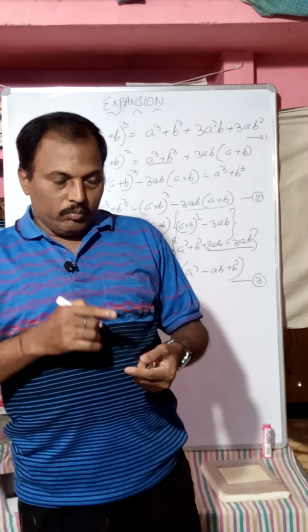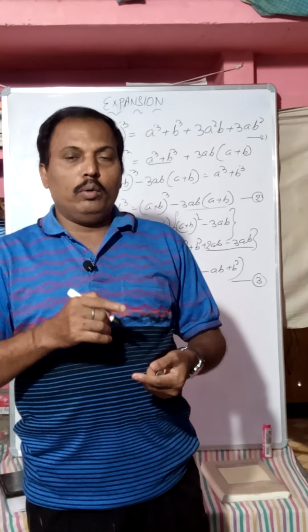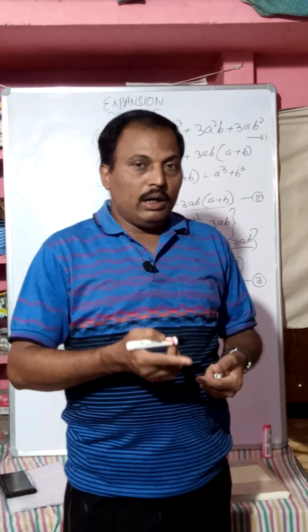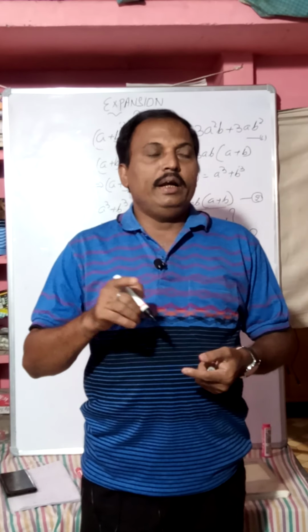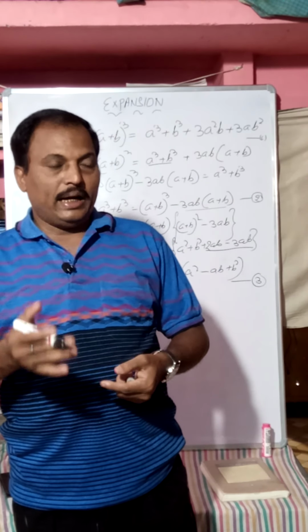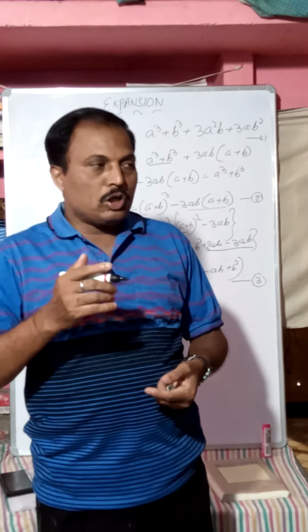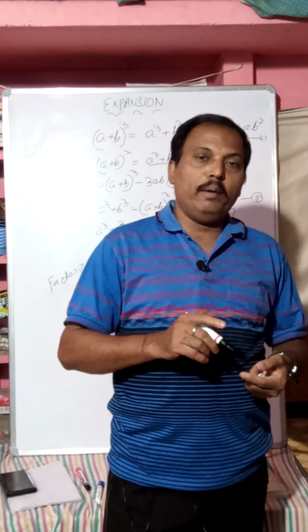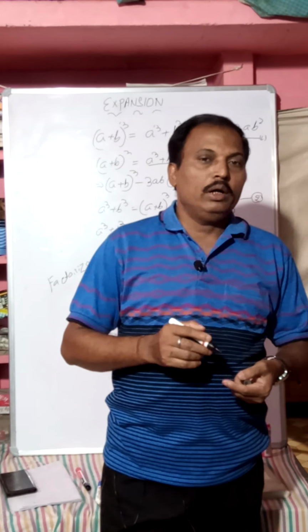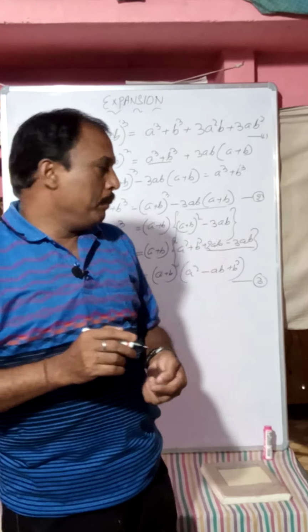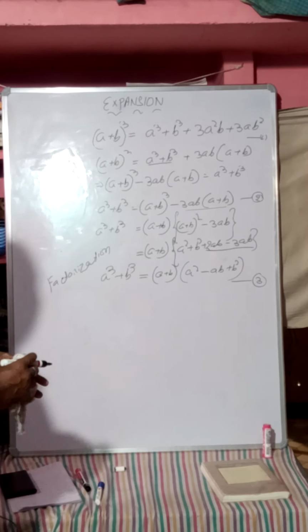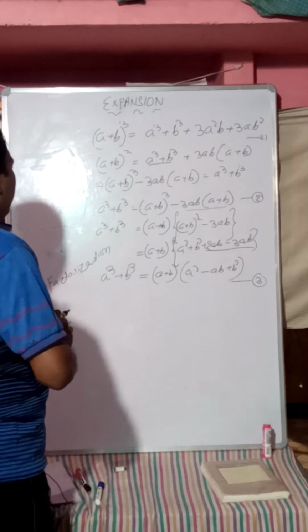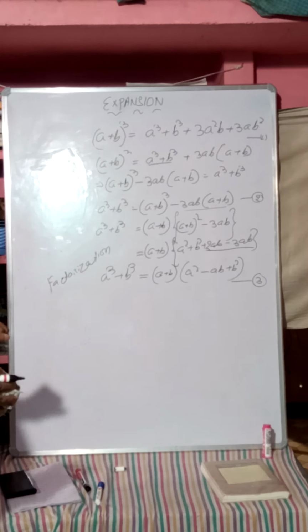Then a cube plus b cube is equal to (a plus b) whole cube minus 3ab into (a plus b). And the factorization formula: a cube plus b cube is equal to (a plus b) whole into a square minus ab plus b square. Now let us come to the a minus b formula. Now take a screenshot.